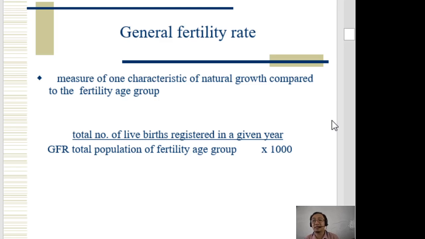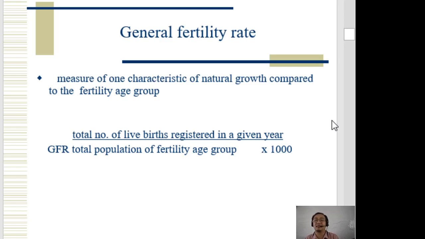This is more specific than CBR or crude birth rate, because births are related to the segment of the population that is deemed capable of giving birth, which are the women aged 15 to 44 years old. So a high fertility rate is 200 live births for every 1,000 fertile women. According to standards, that's already high, no?